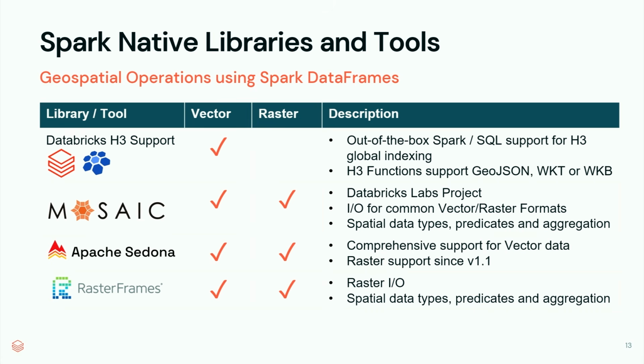We use Mosaic, which is a Databricks Labs project that has a number of features with vector and raster formats. A couple of other ones, such as Apache Sedona, we're looking at as well. But a lot of these libraries play nice with the previous non-Spark libraries that we mentioned on the other page. And quite often, actually, we can achieve a lot of what we want to do just by using user-defined functions with some of those earlier libraries.